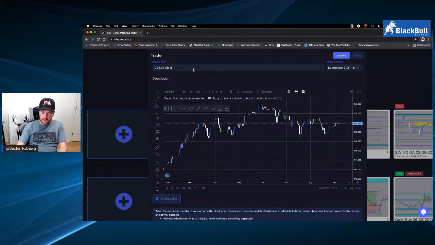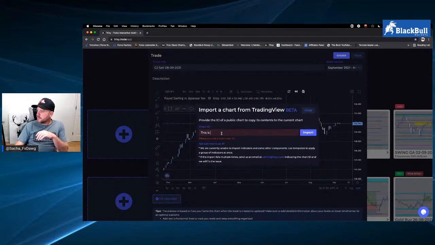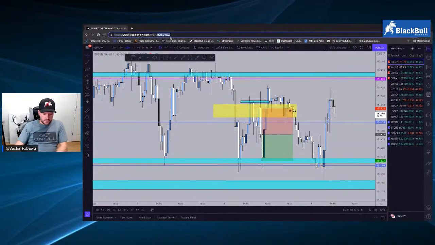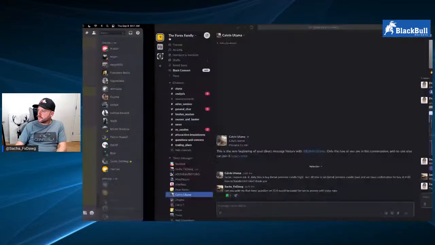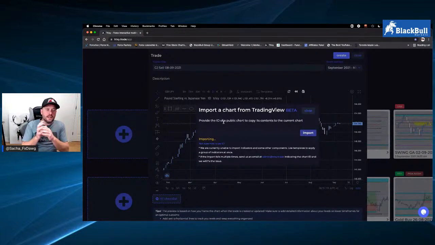This was 0809 21. And let's do this. So if you never use Trixie, I highly recommend to journal your chart. It's one of my favorite tools. So you can import your chart. You can take notes. It's perfect.